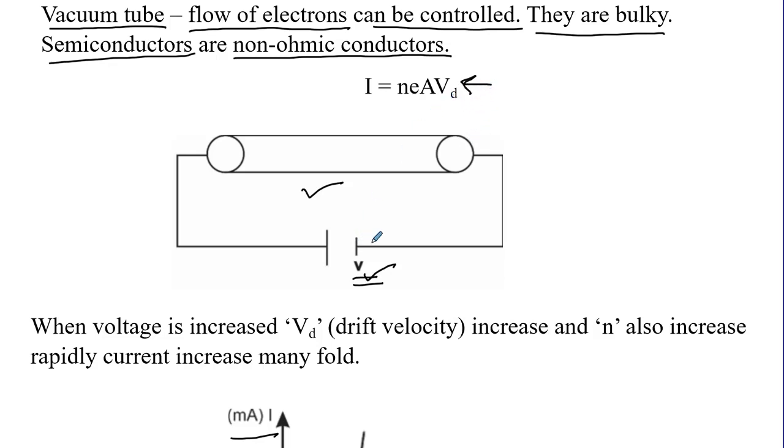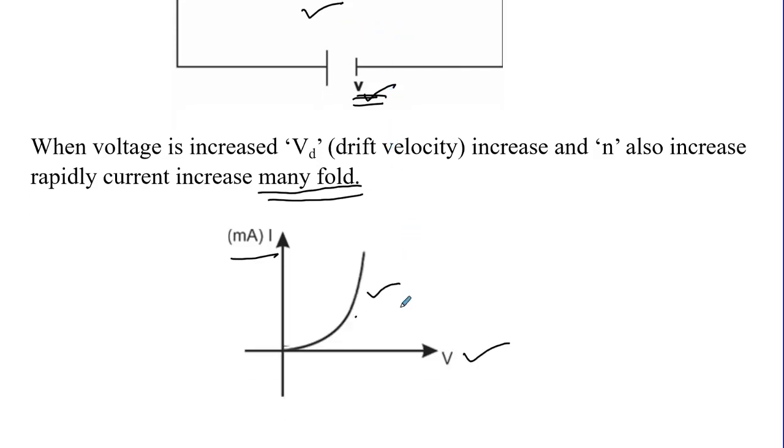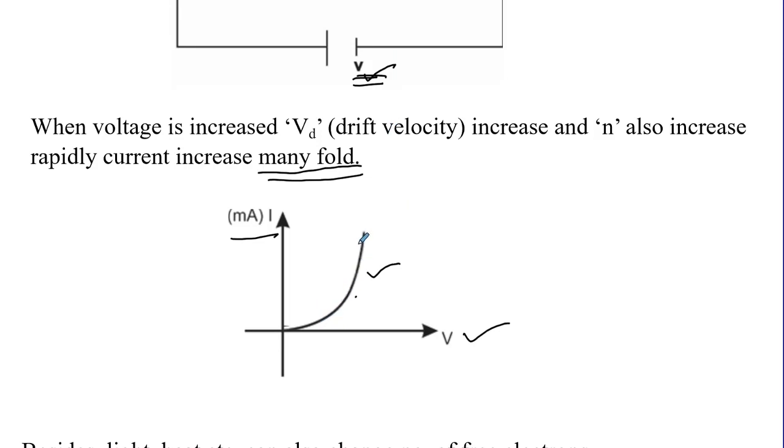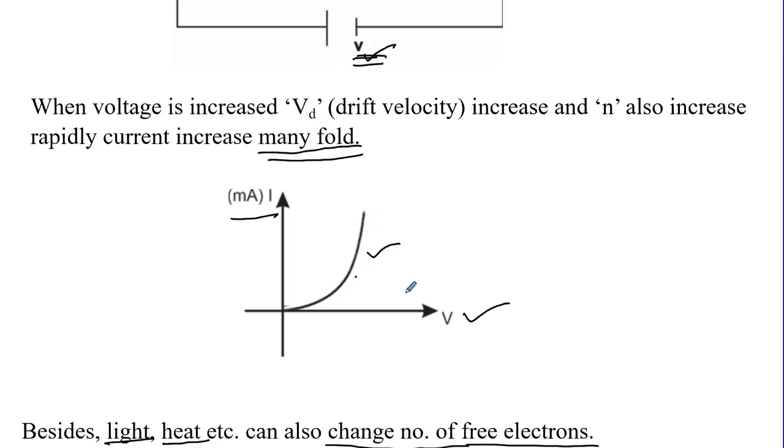And the number of free electrons per unit volume also changes because at higher voltage more bonds will be broken and we will have a large number of free electrons per unit volume. So the change in current is manifold because the drift velocity increases as well as the number of free electrons per unit volume also changes, and hence we obtain a non-linear relation between current and voltage.